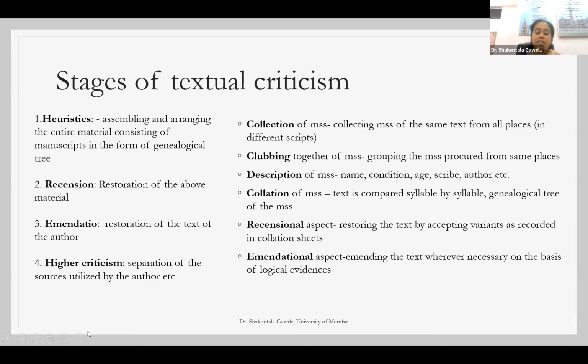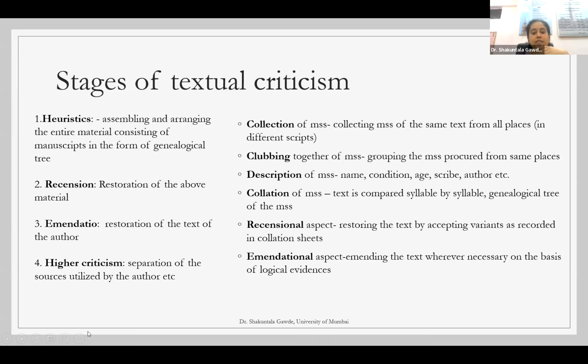Sometimes this emendation also forms the task of higher criticism, because it may not be possible just by comparing the manuscripts. One needs to understand more than that, maybe the cultural context, or comparison with other texts. And on the basis of that, one may amend a particular text.